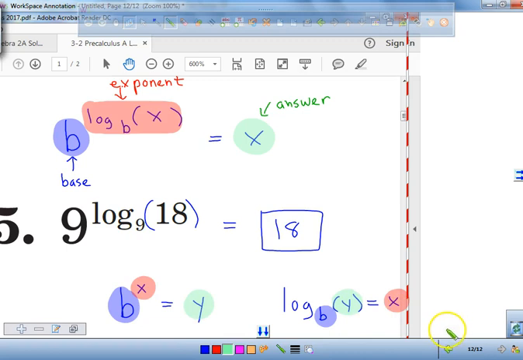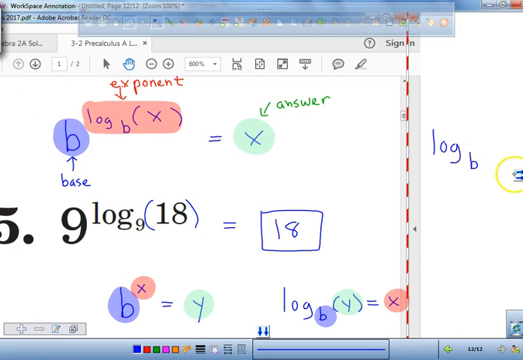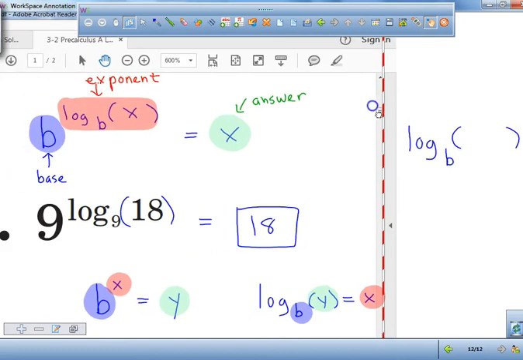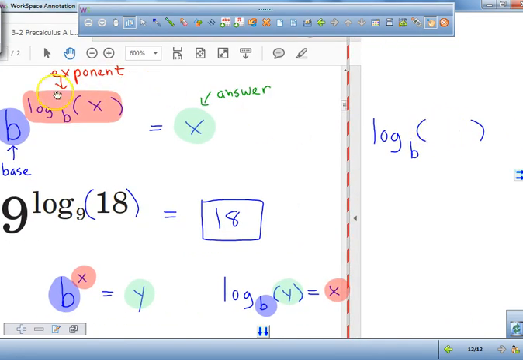Okay. So right now, I'm going to write log. What is my base in this problem? What is my base? B. Log base b. Okay? Of. Okay? What's my answer over here?